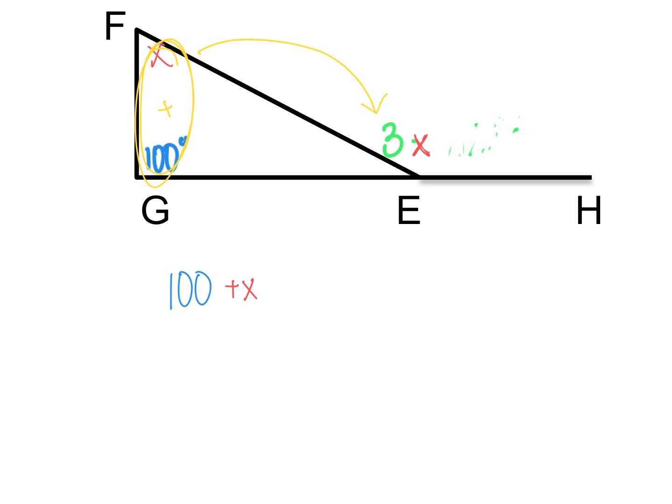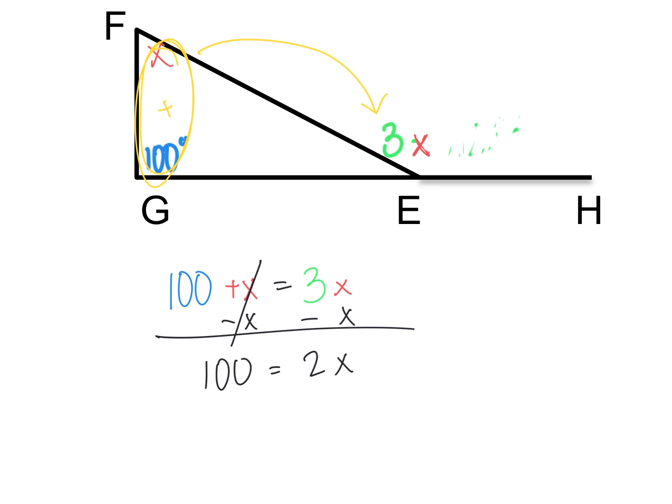We have 100 plus X equals 3X. Now I'm solving for X. How would I solve for X? I need to subtract X. I'm going to get 100 equals 2X.